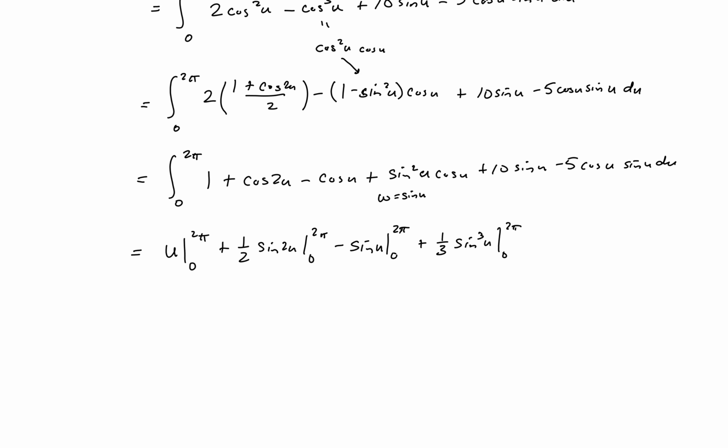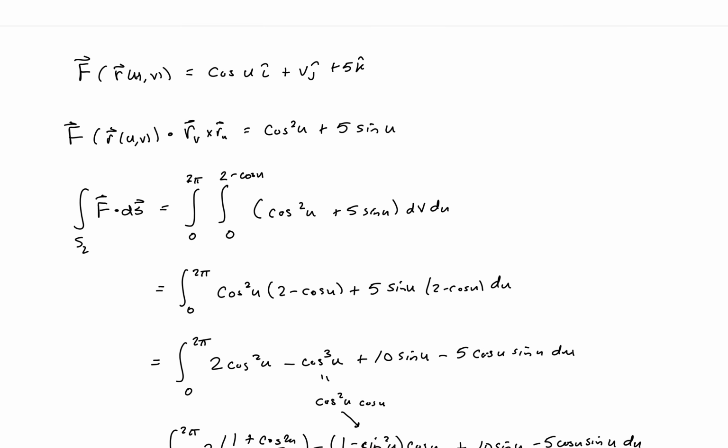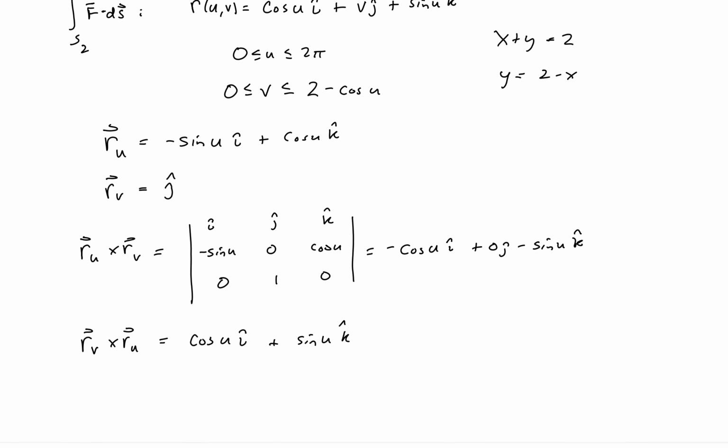And keep going, and then I've got minus 10 cosine u from 0 to 2 pi, and then a minus 5 halves. And if I use the sine, I'll get a sine squared u from 0 to 2 pi. And if you fill all of that in and work it out, this ends up just being 2 pi. So that gives me two of the surfaces. So far I had 0 on the first one and 2 pi on the second one.